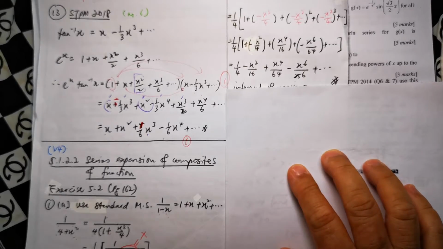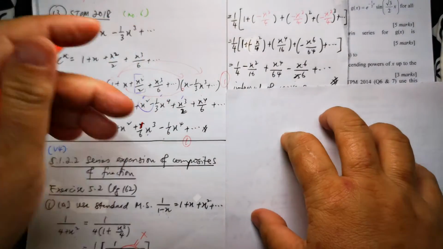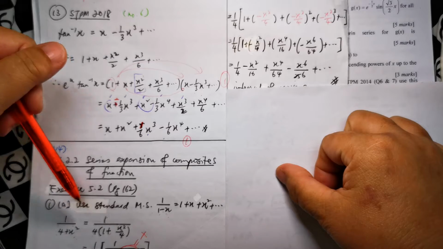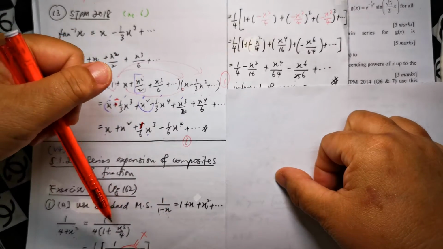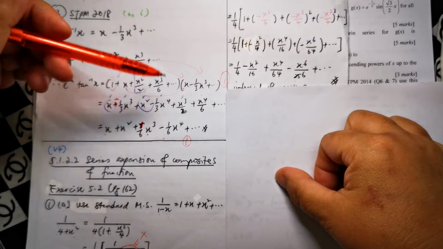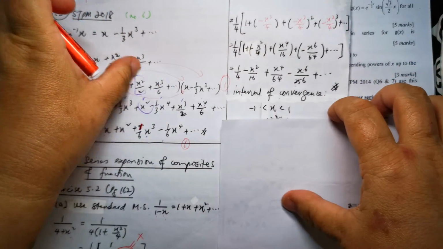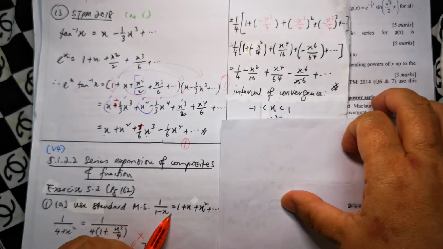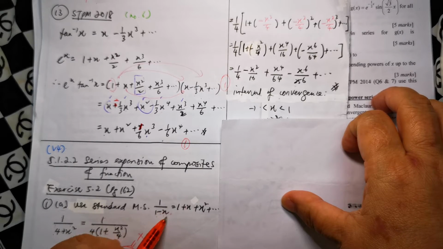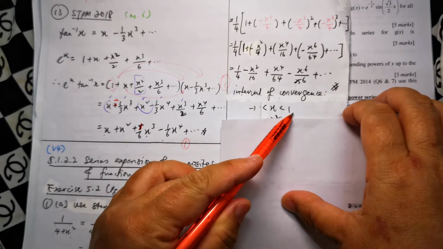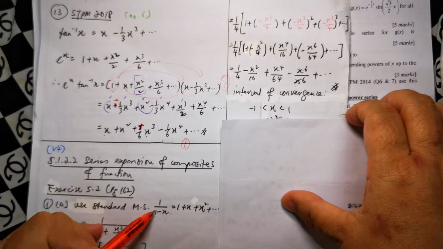Remember, when we use the standard Maclaurin series to find the expansion of other functions, we have to find the new interval of convergence. We know that for this standard Maclaurin series, the x must be between -1 and 1. This x is for the standard one.